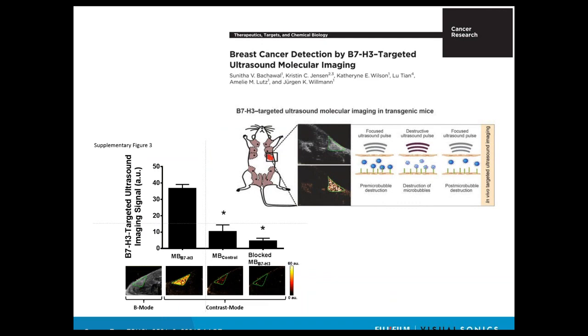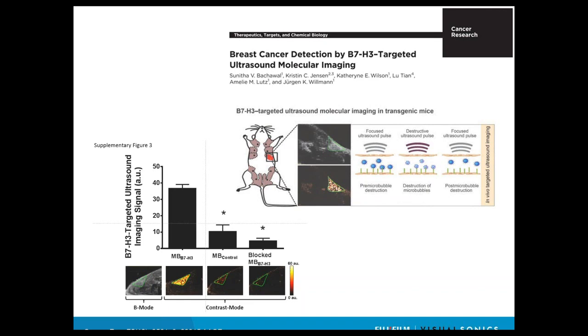And then they used control bubbles, the isotype control that I mentioned earlier, and they also blocked the B7H3 target in vivo and got a significantly reduced result. So they saw that these targeted microbubbles can really work in their animal model to study the expression of B7H3.